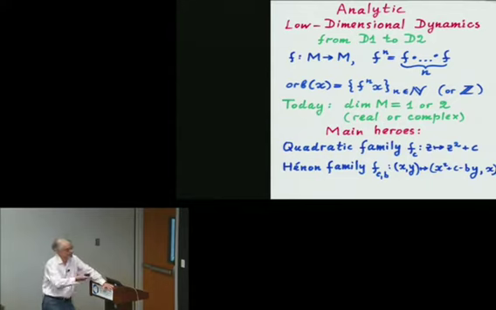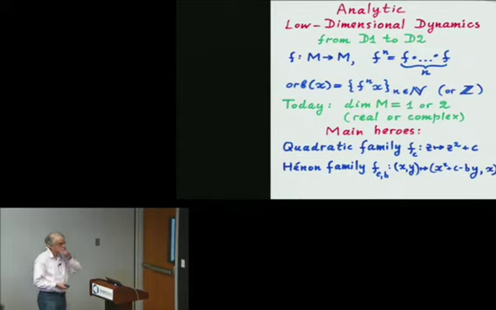We have a semigroup acting on M, or a group acting on M if f is invertible. We try to understand the phase portrait of this dynamical system: how the space of orbits looks, and how this phase space depends on parameters of the system. That is our main goal.